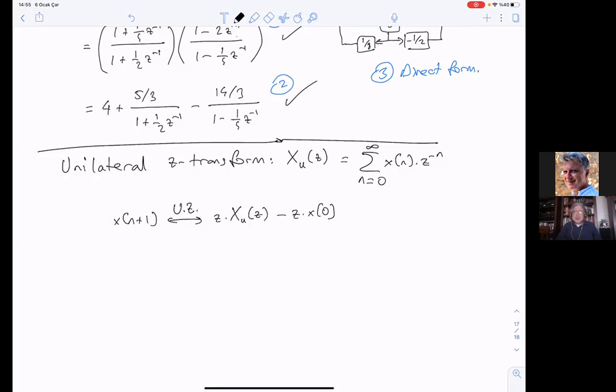Now, since you will not be responsible for the unilateral Z transform, this example is not critical for you in terms of answering any questions in the final, because I'm not going to ask it.